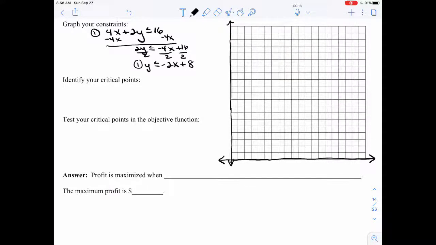Our y-intercept is at 0, 8, and we have a down 2 over 1 for our slope. I'm going to go ahead and use two boxes to represent 1. 1, 2, 3, 4, 5, 6, 7, 8.